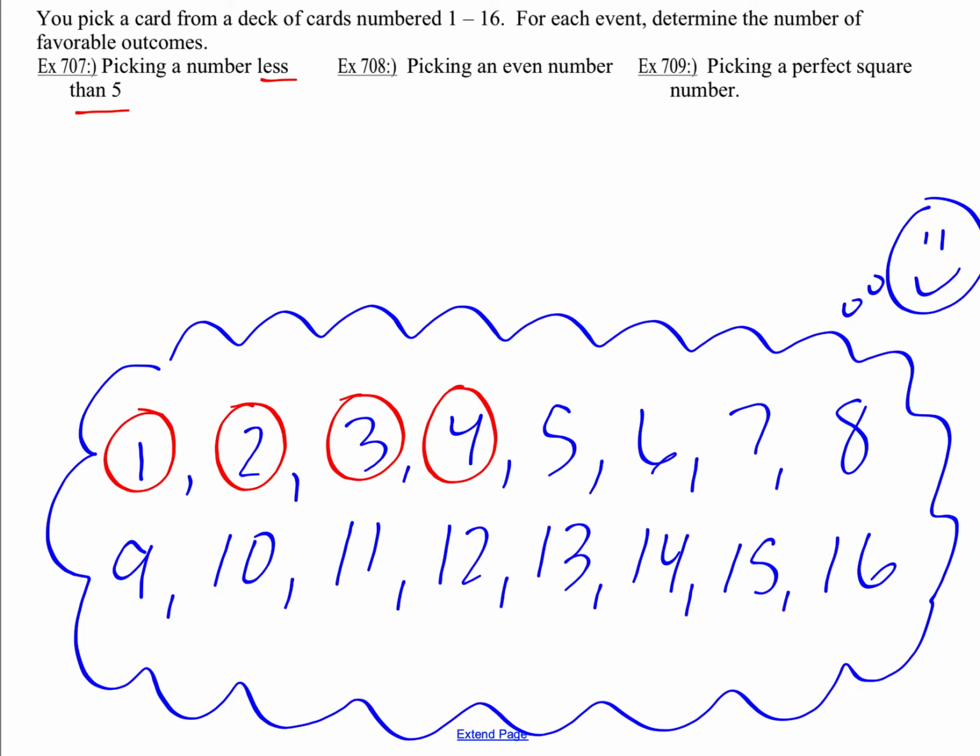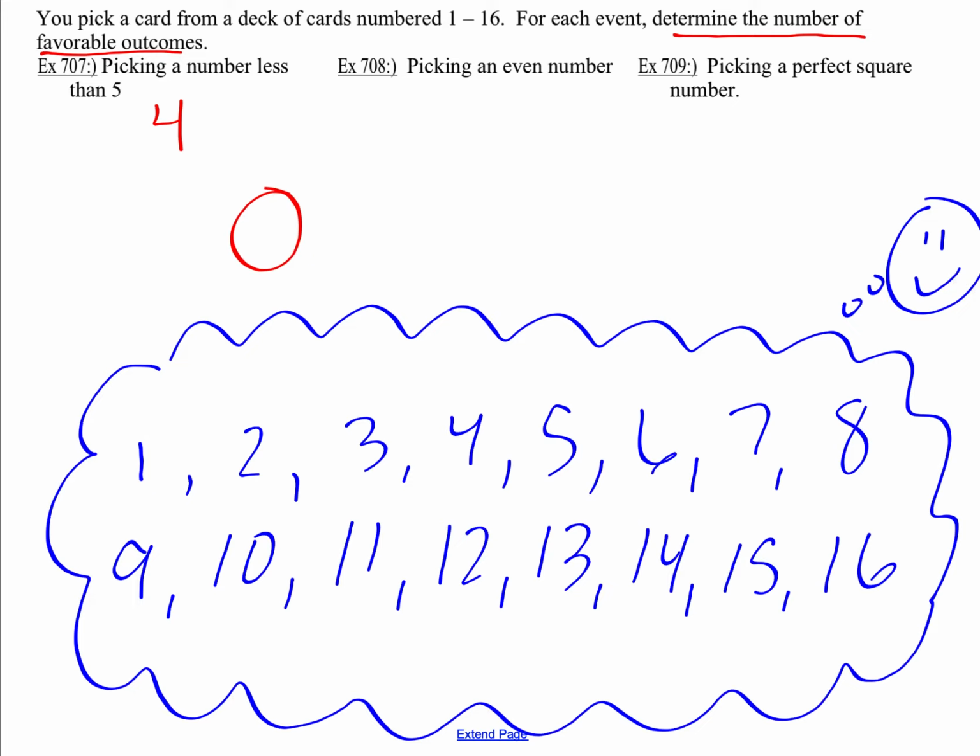You would only include 1, 2, 3, and 4. So that means that there are 4 outcomes. This one's just determine the number of favorable outcomes. We are not writing the outcomes, we're just determining how many there are total. So here there are 4 cards.